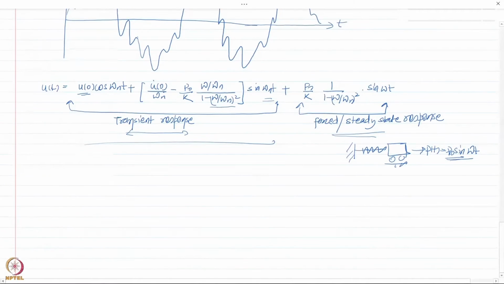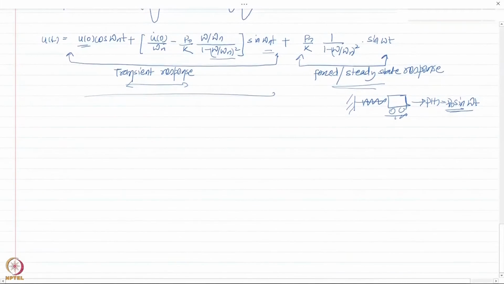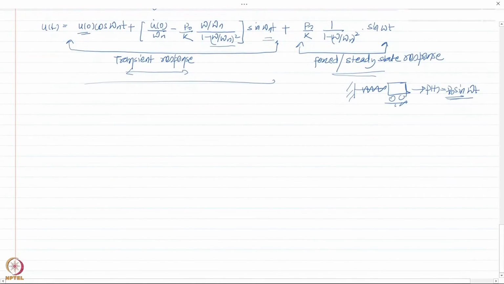Now, in dynamics, in most cases we are concerned with the forced response, or the steady state response, because in reality all systems would have some damping, and the effect of applied force is measured in terms of steady state response.